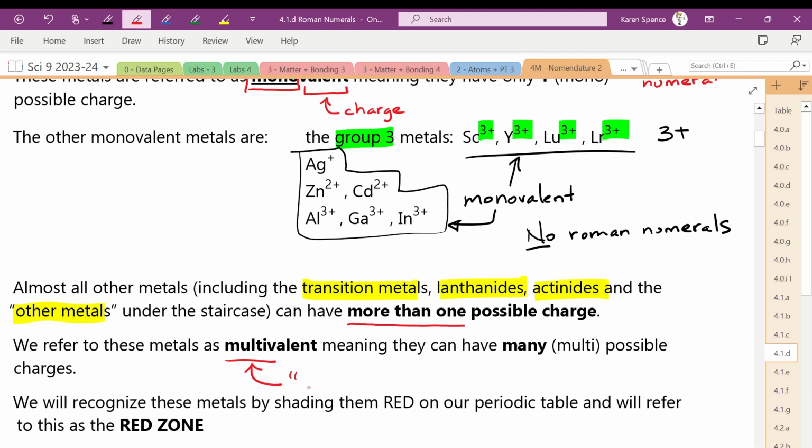Multi means more than one. And valent means charge. So multivalent metals have more than one possible charge.